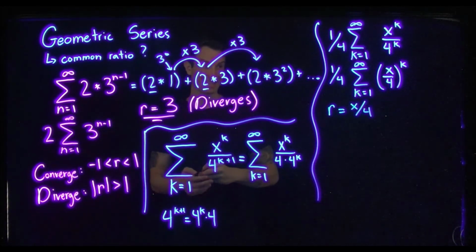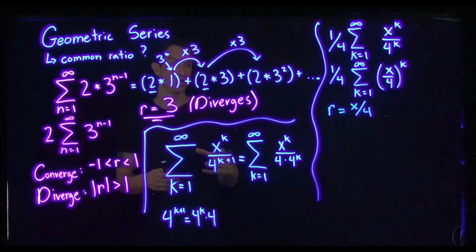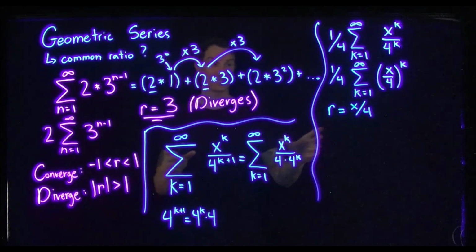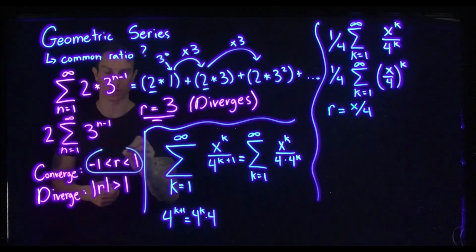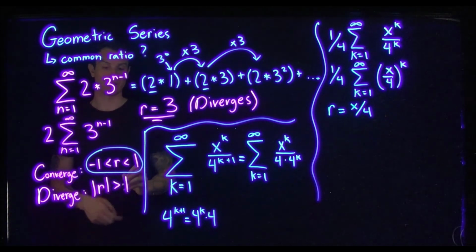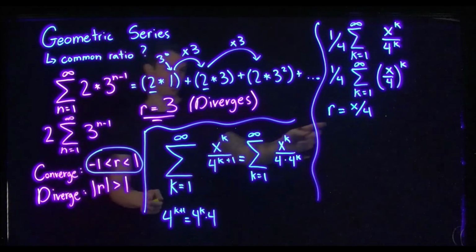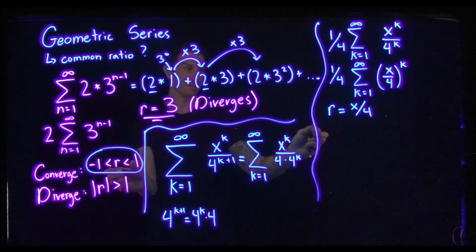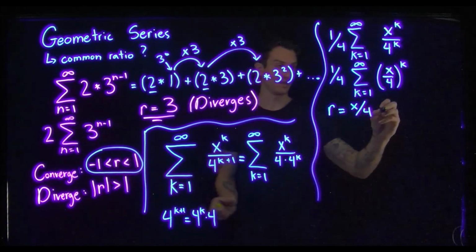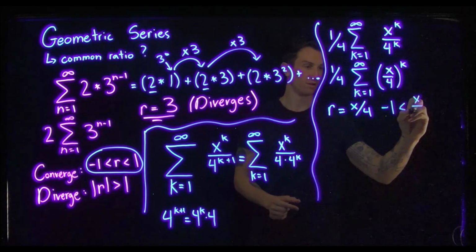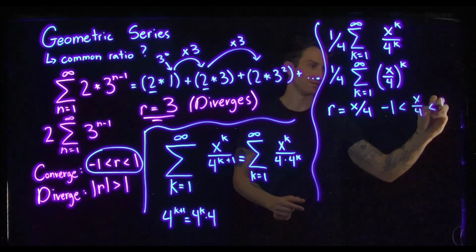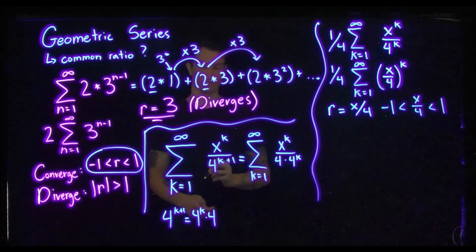Now the question is asking for what x values will I converge? In order to answer that question, we need to remember we will converge when our common ratio r is between -1 and 1. So if I know what r is equal to, I just need to make this substitution and say, well, that must mean x over 4 has to be between these values. All I did was switch.